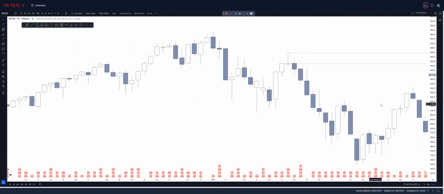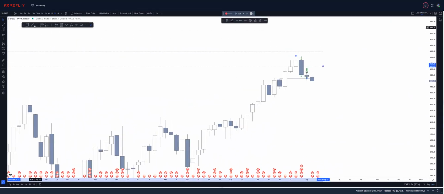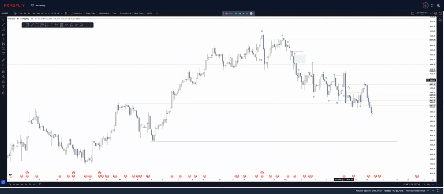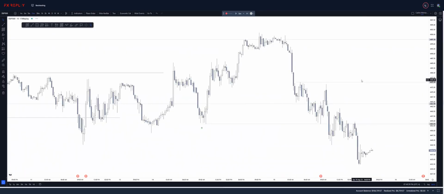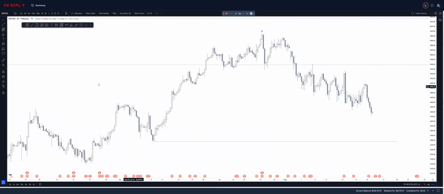Where can price want to trend to is the question. Potentially below here. Let's clean this up.